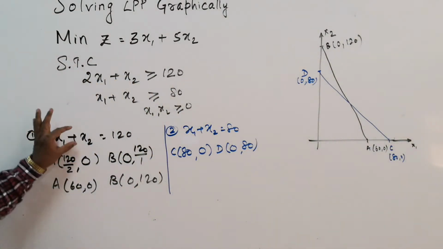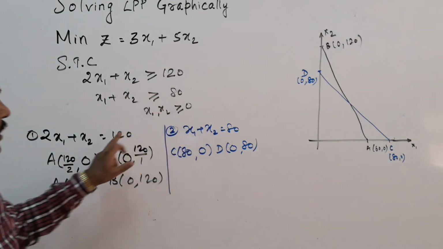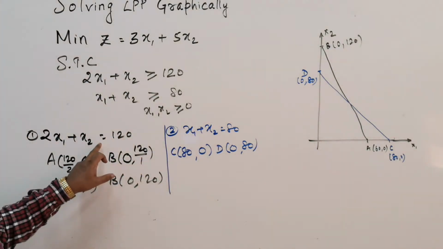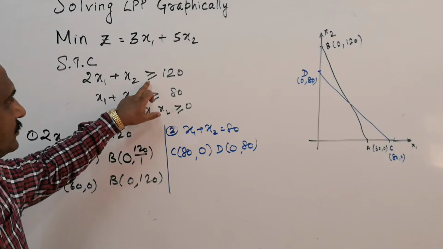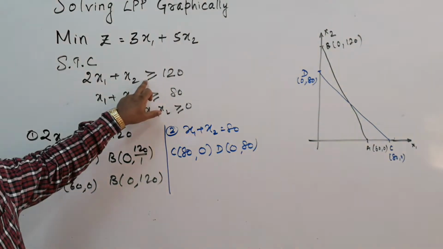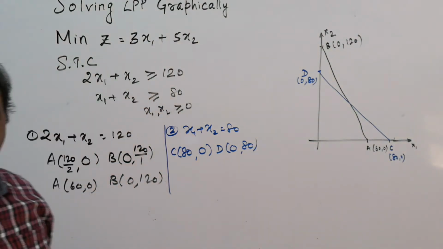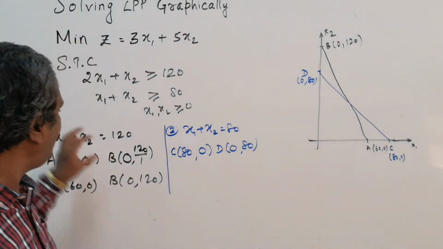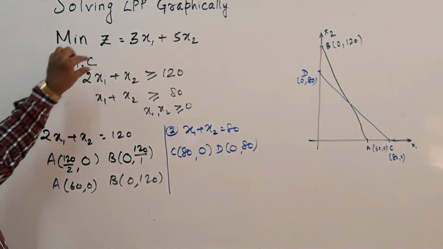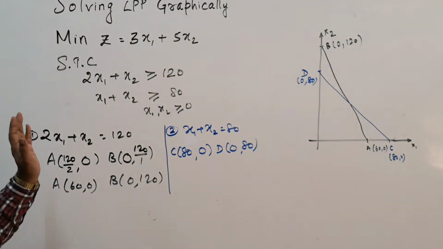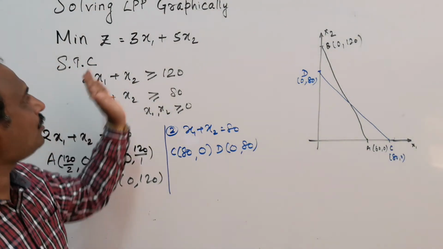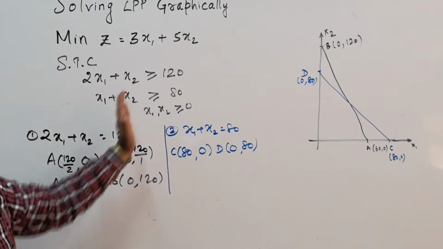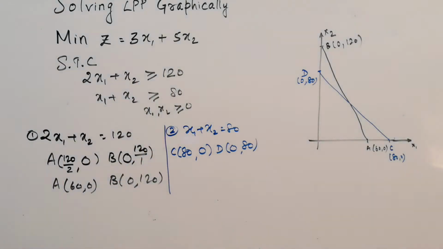Now, till now we considered the equations as equal. Now we are going to take the constraints. Here the constraints are given as greater than or equal. What is the meaning of greater than or equal? When I take the values for x1 and x2, the values should give me a total which is above 120 and greater than 80.